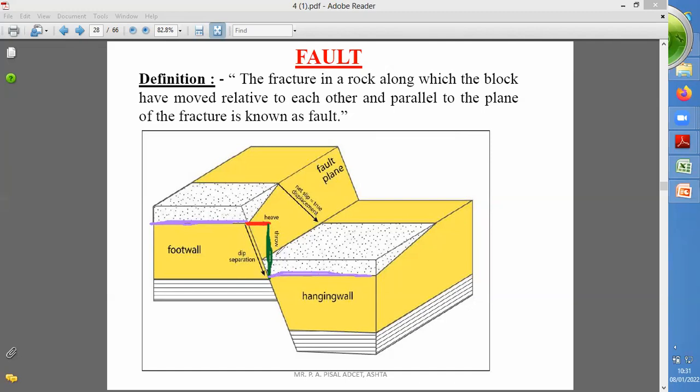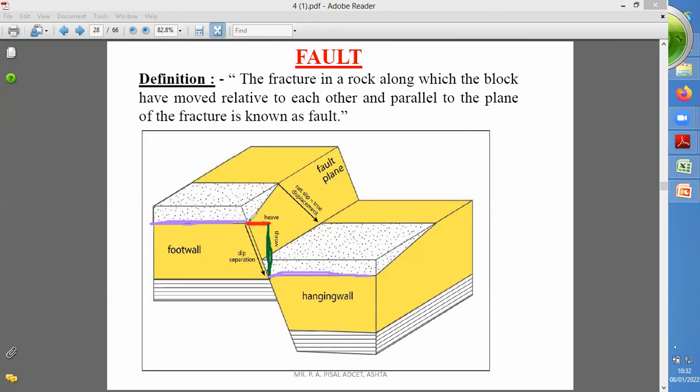This vertical movement, or the vertical distance between the blocks, is considered the throw. So the block has moved horizontally as well as vertically. In the red color, the horizontal displacement is shown; in the green color, the vertical displacement is shown.